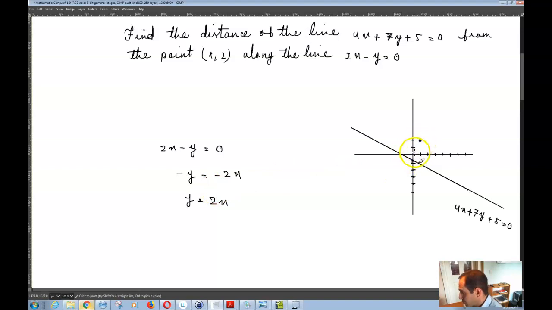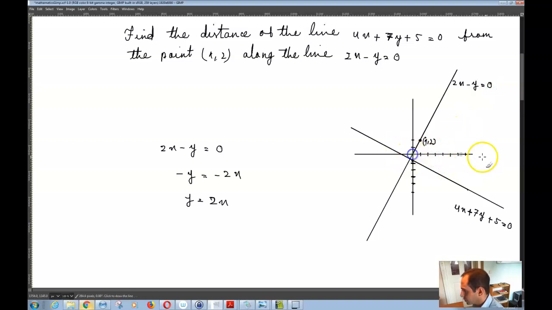So that means that you will go exactly through this point and down here. This point over here is (1, 2), and this line over here is 2x minus y is equal to 0.